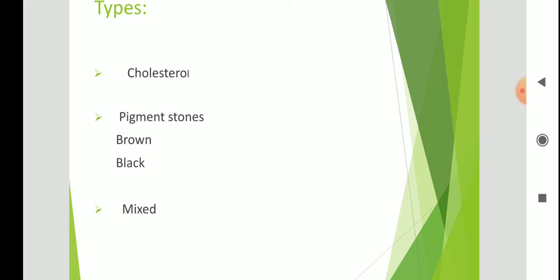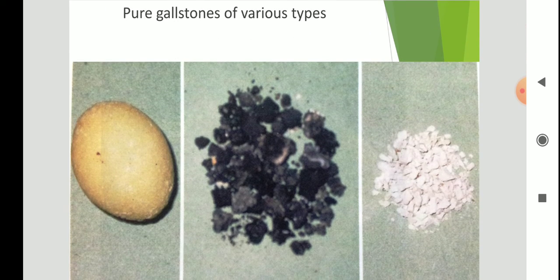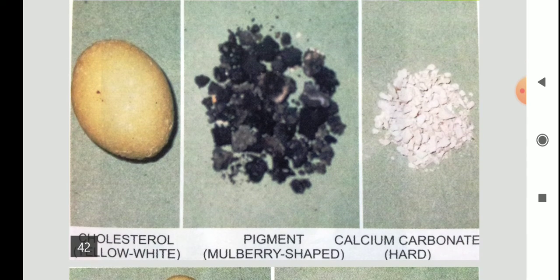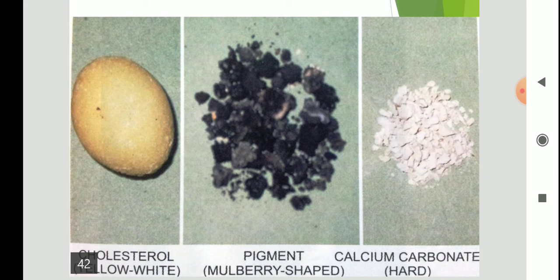Types of these gallstones: the cholesterol stones, the pigment stones, the mixed ones. So pure gallstones of various types. These are the pure gallstones here. Gross findings: the cholesterol stone, white; pigment, mulberry shaped; the calcium carbonate, very hard stones, the radiopaque ones.